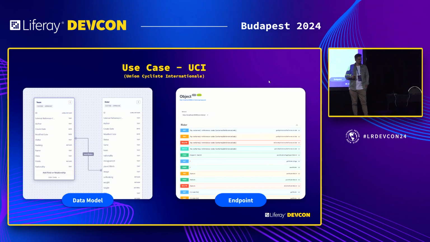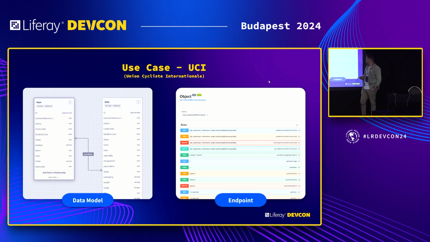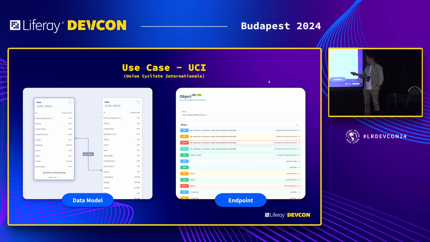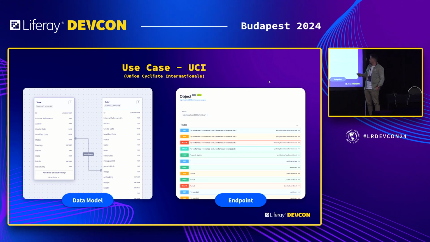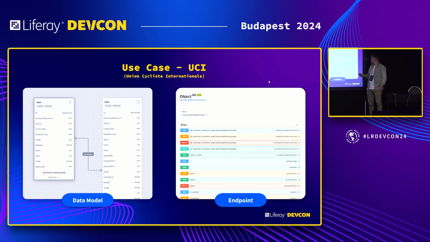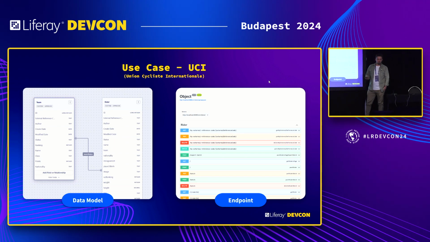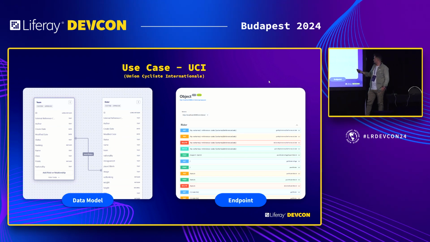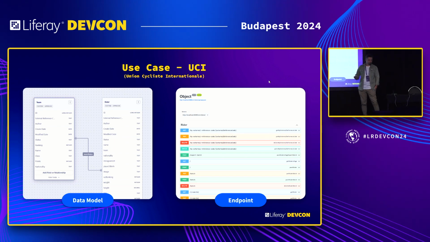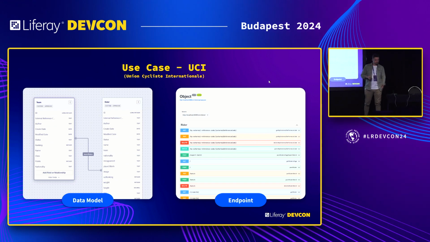So for this, we have modeled a very simple application with an object for team, another for rider, and they are connected by a relationship, team riders. And then you know that when you create an object, under the hood an endpoint is automatically created for it.